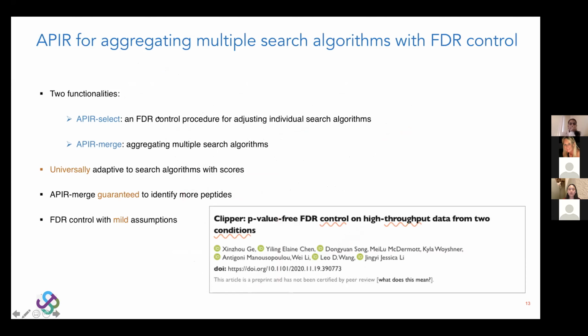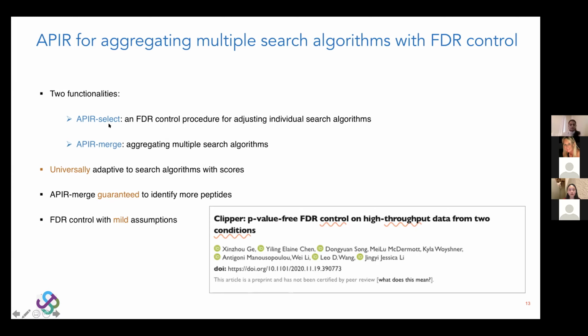It takes as input the target PSMs, the decoy PSMs, as well as their Q values. One thing to notice is that even though we take Q values as input, we do not necessarily use them for FDR control. We just treat them as scores, because sometimes some search algorithms may not output reliable Q values.